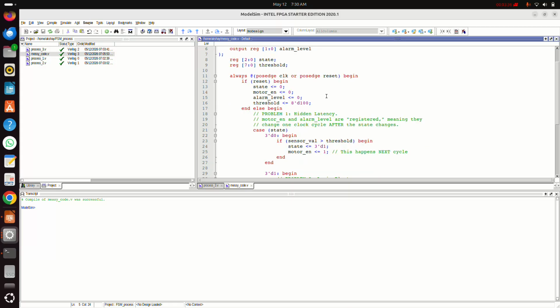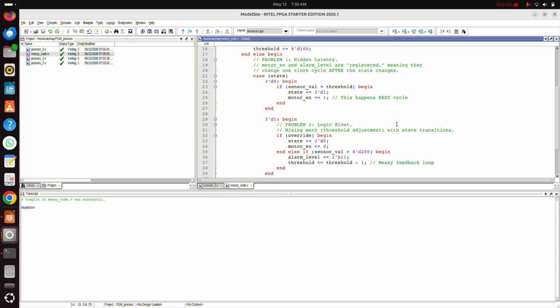The first problem is hidden latency. See this, our motor logic depends on the clock. It is not a combinational block. It means the motor will be turned on after the next clock edge, not instantly like a combinational block. Ideally we want the motor as combinational logic, but in the Verilog code we define it in an always block with a positive edge of clock in the sensitivity list.